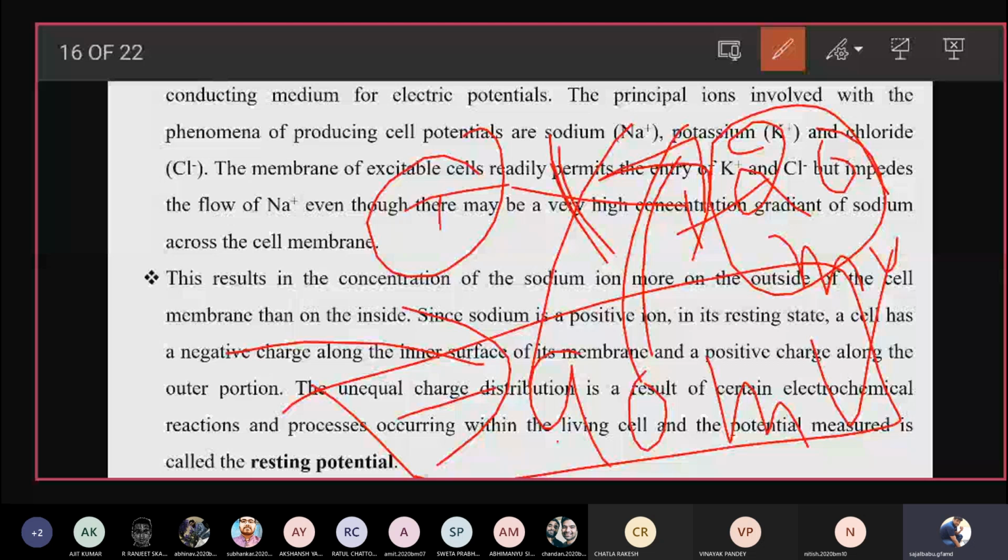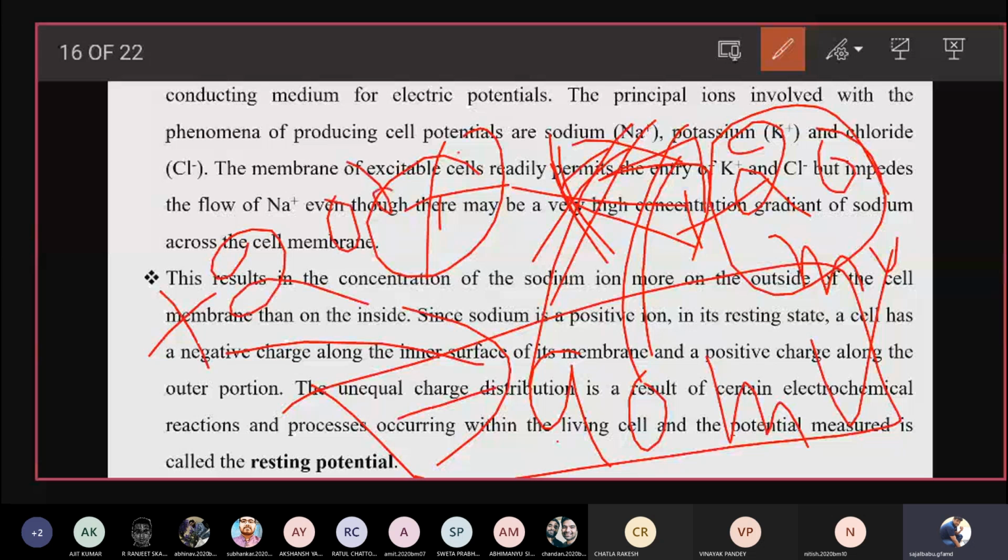So whenever the excitation happens, the outer potential, which was higher than the inner, reduces so much that it is very small compared to the inside potential. When you measure the electric potential, you get plus 20 millivolts, and this plus 20 millivolts is called your action potential. Minus 90 millivolts is your resting potential and this is your action potential.